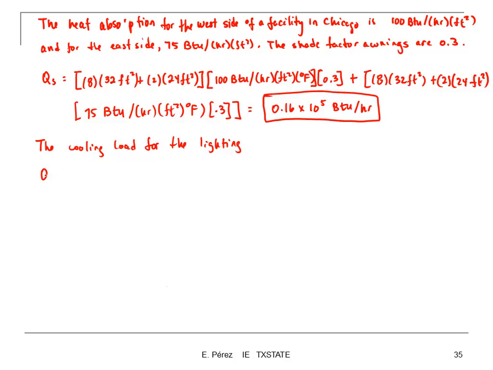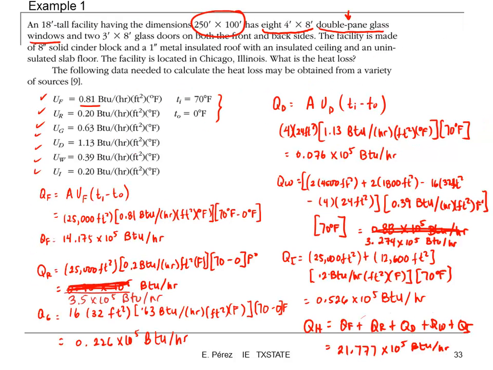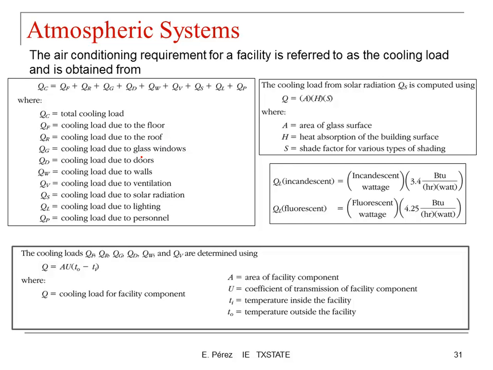we have the following expression. We are considering fluorescent type of lights, and that's part of the description of the problem. And we have an expression to compute this specific requirement. It's right here. So we need the fluorescent wattage, and we need to multiply that times 4.25.